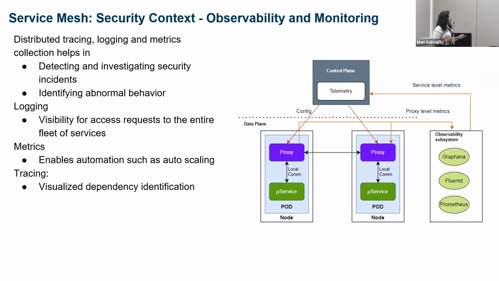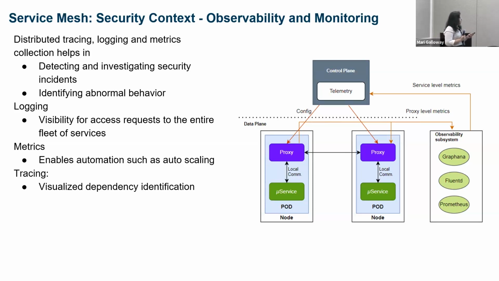The control plane telemetry feature can let you bring in all the logs from the different proxies and dump them in tools like Grafana or Prometheus, and you can analyze the behavior there. Also, the telemetry feature helps you set alarms if there are abnormalities in the environment, and then act on them if something undesired is happening.